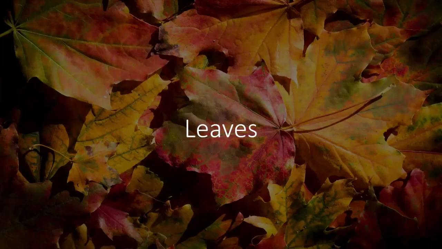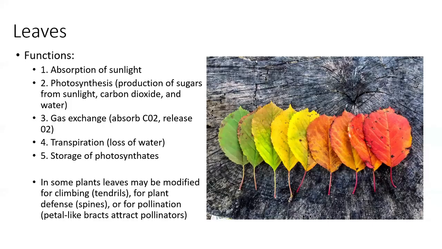All right, so first we're going to look at our leaves. What is their function and primary purpose? Now, we've already mentioned photosynthesis, that process where we have sunlight and carbon dioxide going into the plant.